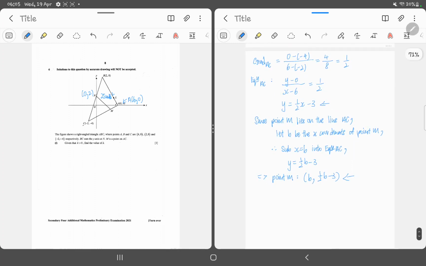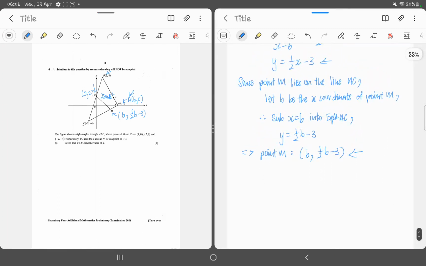So now we know that point M is in this form, B, 1 over 2 B minus 3, and we have the coordinates of point N, point B, and point A. We can now use the shoelace formula to solve for the unknown B, and once we are able to solve for B, we can solve for the coordinates of point M.